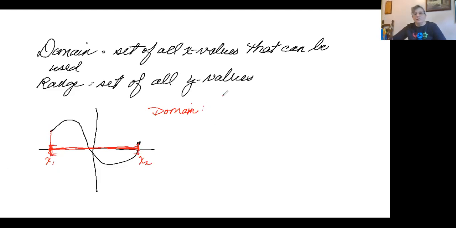So the domain in this case, if we put it in interval notation, is going to be bracket x1 to x2, or if we put it in set notation, it would be the set of all x's such that x1 is less than or equal to x is less than or equal to x2, where x1 and x2 are both going to be numbers.